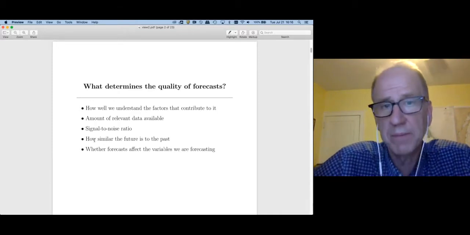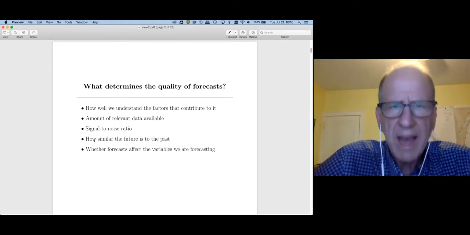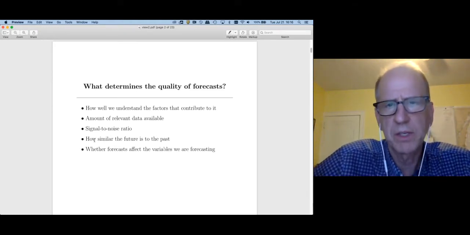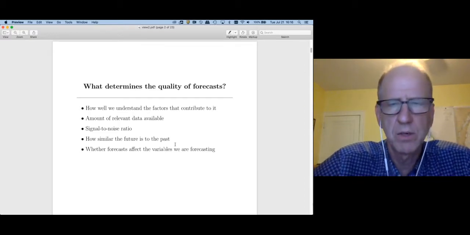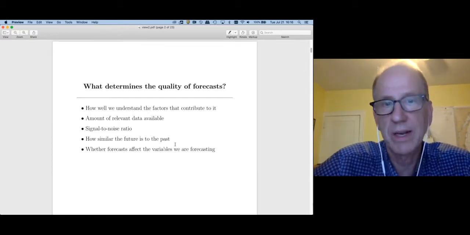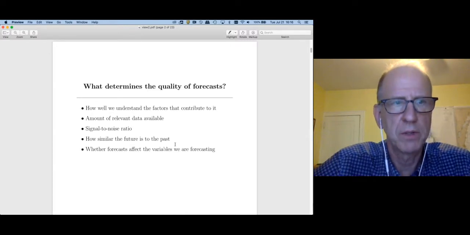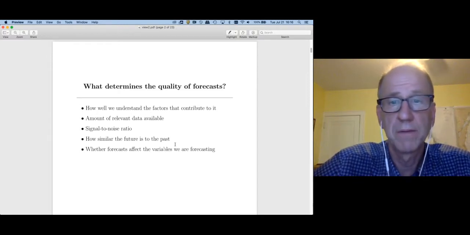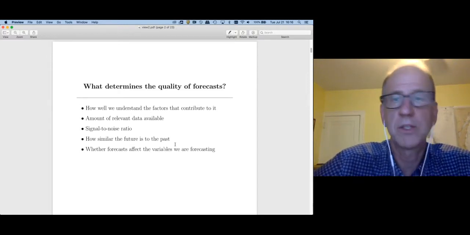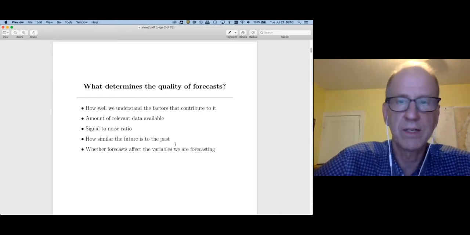Finally, sometimes the act of making or publicizing a forecast will actually affect the variables that you're forecasting. So if I'm a large brokerage house forecasting the future interest rates, or that's probably a bad example, the future stock price of some stock, and investors follow my forecasts and go buy it.